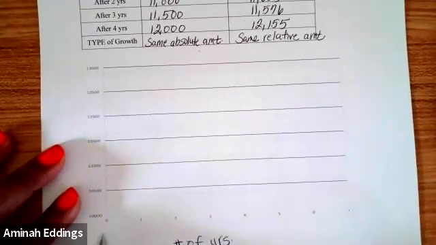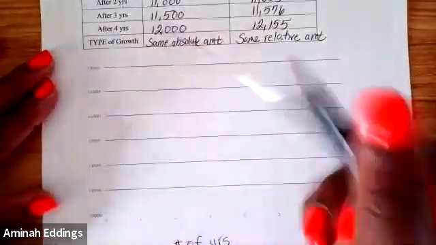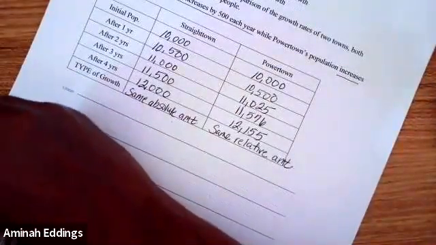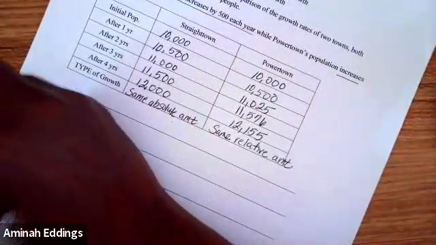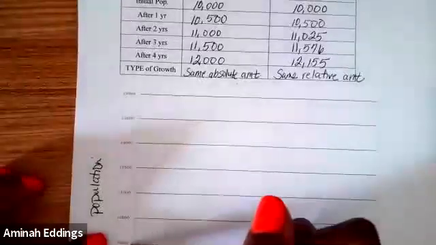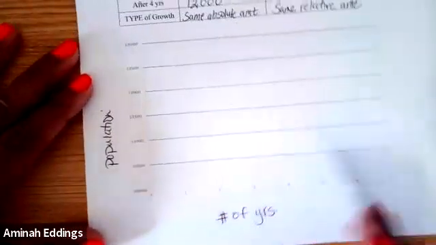Okay, and I just simply labeled it 0 through 7. Okay, my y-axis is going to be the population. Okay, and to begin, I started with 10,000 because that was my initial population, and I counted by 500s. Okay, and so that's where you see this.